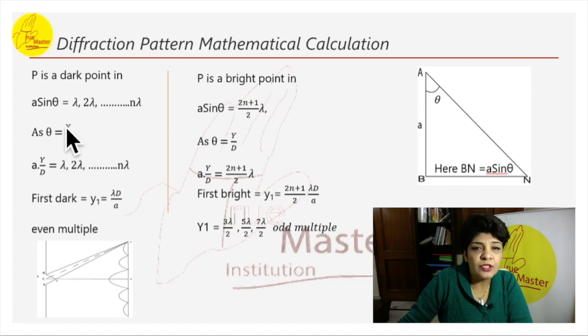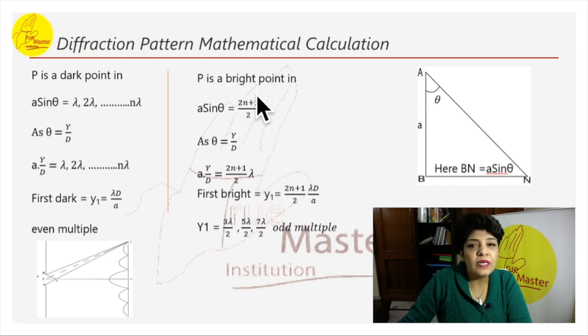Once we substitute this value y by d in place of sin theta, we get a into y by d equals this. We just carry it down, lambda, 2 lambda, and so on. So our first dark fringe will be formed at y1 equal to lambda d by a. This will be our first dark point. So this is how it's an even multiple.